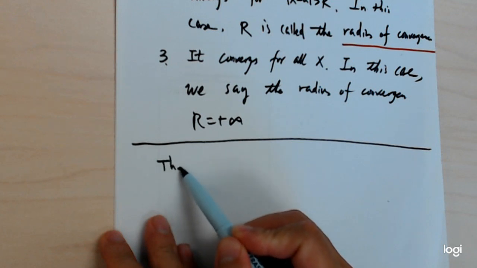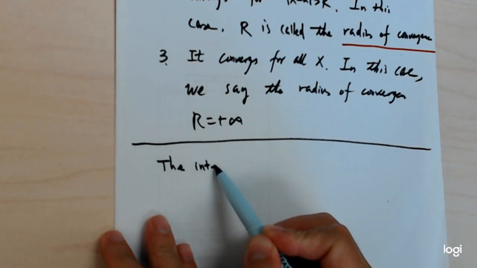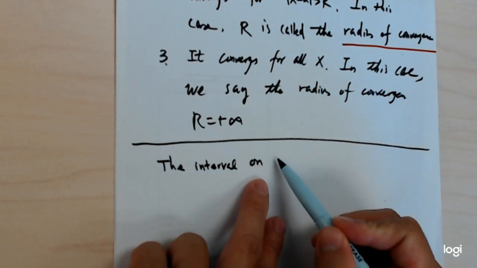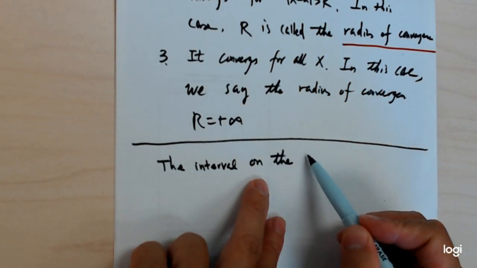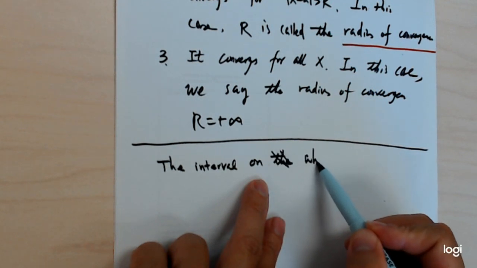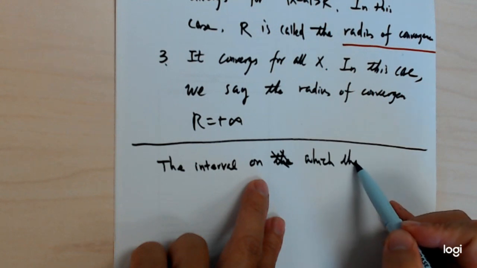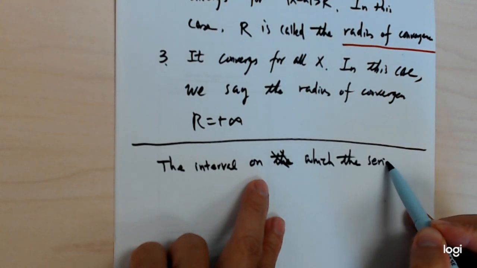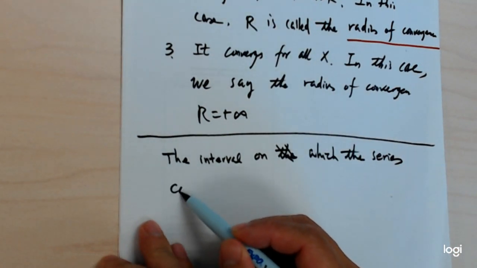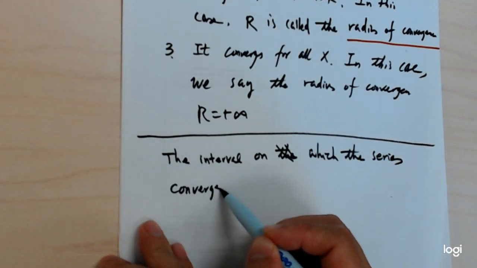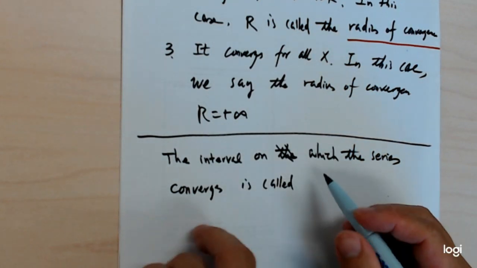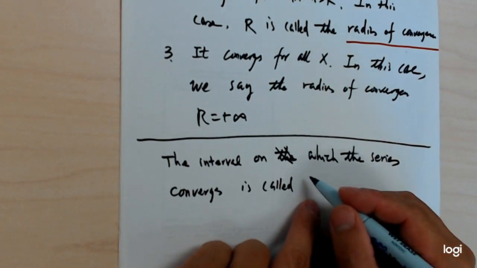Finally, let's mention the interval of convergence. The interval on which the series converges is called the interval of convergence.